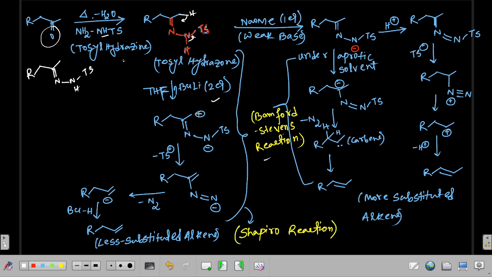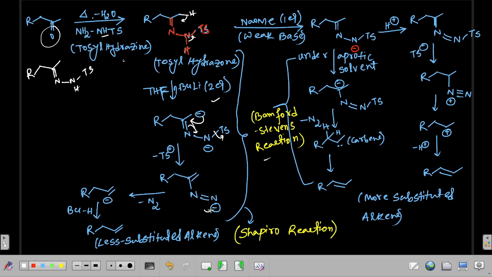So it will form a dianion, and later, like this double anion will come here, it will be shifted here, and this double bond will shift here, and it leads to the removal of the tosyl anion, and it leads to the formation of this anion.